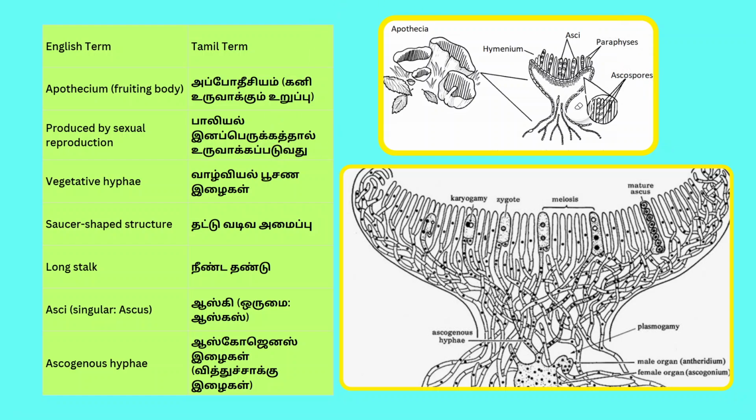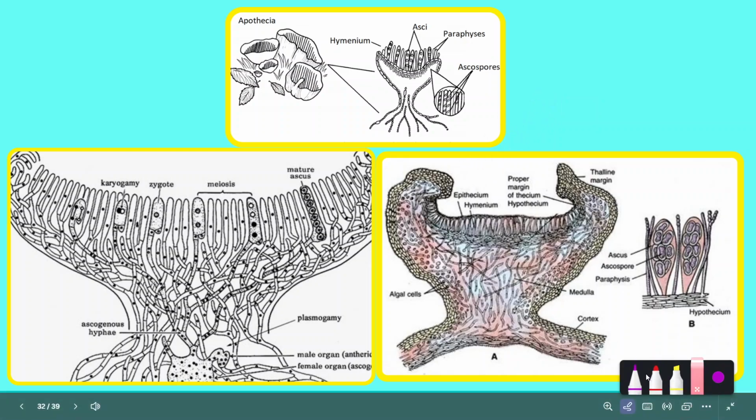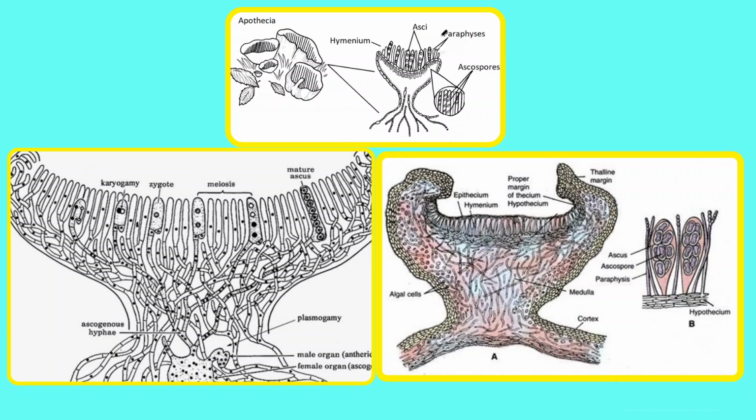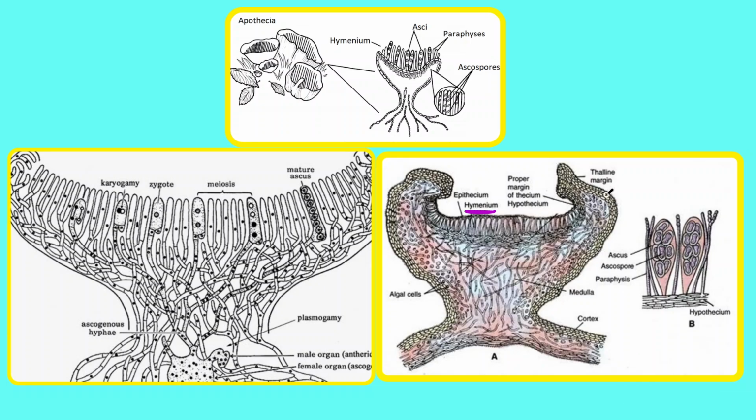So that is how the structure of apothecia is discussed, and the fertile layer where you can see the asci, that is referred to as hymenium, and you have a margin for the whole of this apothecium formed by the fungal hyphae for protection as well as for absorption of moisture and other things.